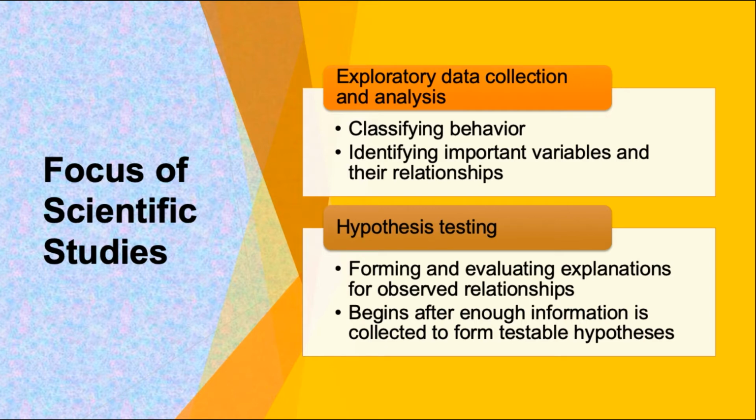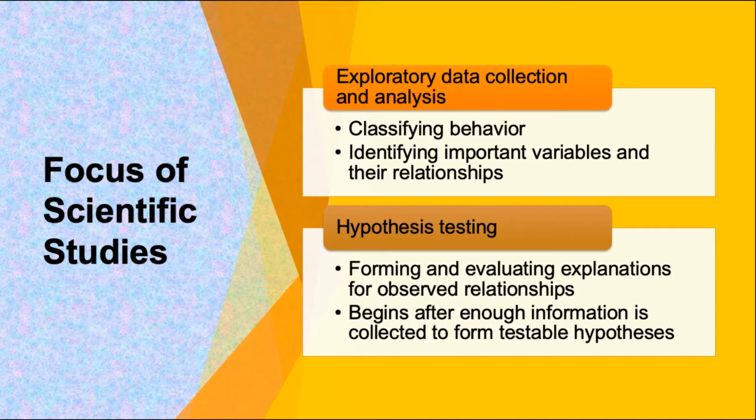Also, the second major activity is hypothesis testing. Hypothesis testing consists of forming a tentative explanation for a behavior and then testing that tentative explanation. For example, you may hypothesize that anger causes an increase in aggressive behavior, and you then set out to test this hypothesis.